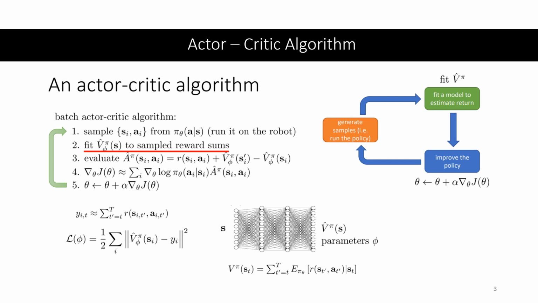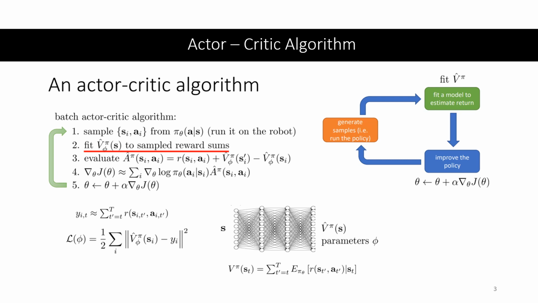Here we introduce the principles of the actor-critic algorithm. The first step is to sample the states and actions from the policy, and we fit these states to the model to estimate the return. We sample a sum of returns, and then we use the return to calculate the advantage.